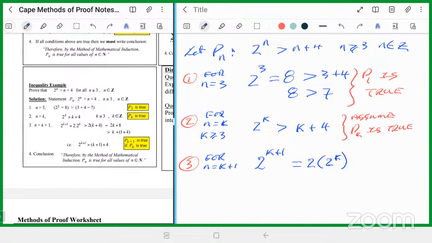So if I multiply this inequality by 2 to get that. Okay, now this inequality that I have in step 2, if I multiply by 2 to get this expression, 2 times 2 to the k, then the left side, let me shift this down a little bit.